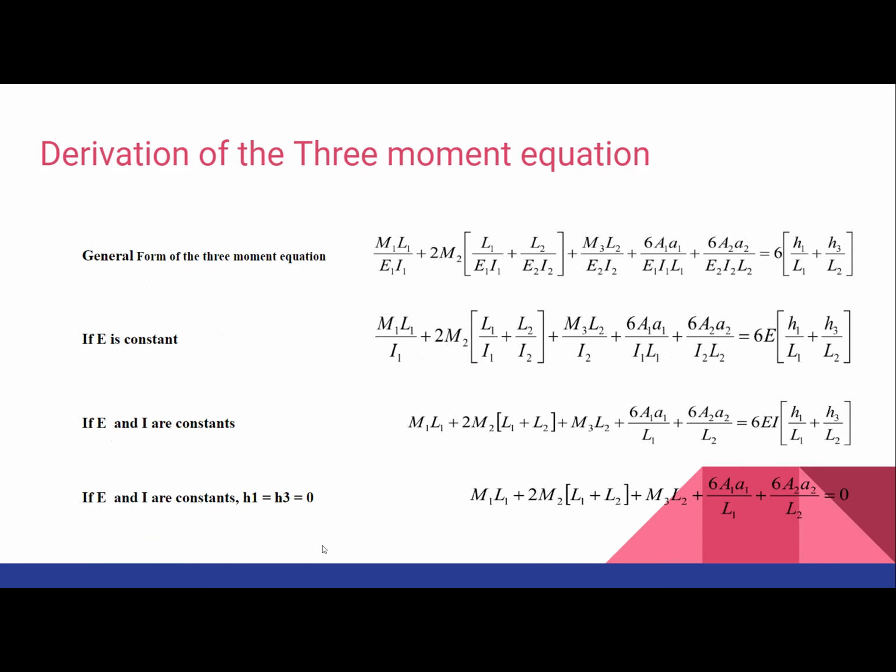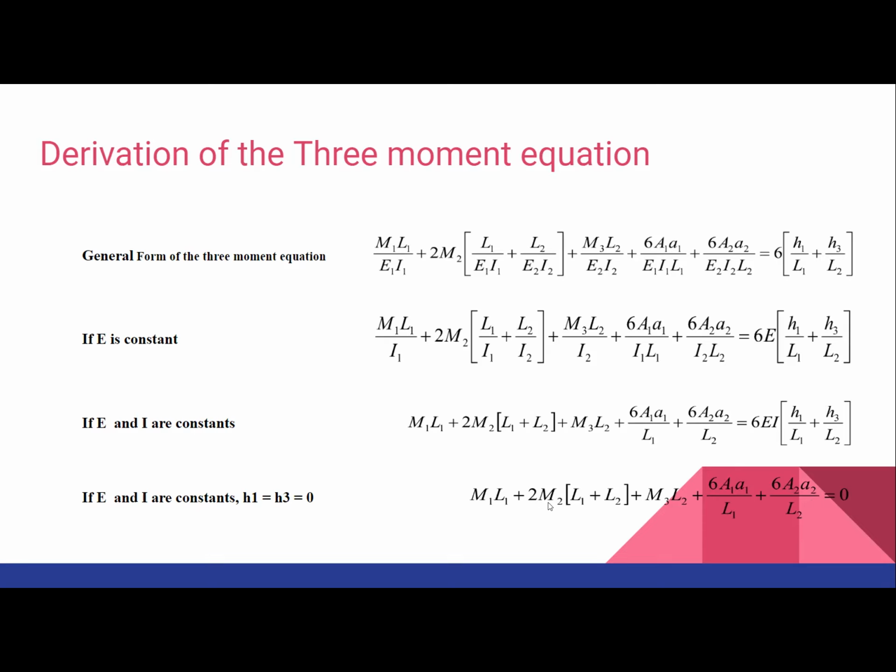So most of the time, what we will make use of is M1 L1 plus 2 M2 (L1 plus L2) plus M3 L2 equals minus 6A1 a1 over L1 minus 6A2 a2 over L2. So usually po, ito yung ginagamit natin equation. Basically you need to memorize this one to be able to use the three-moment equation.